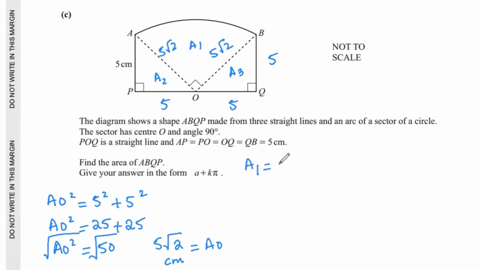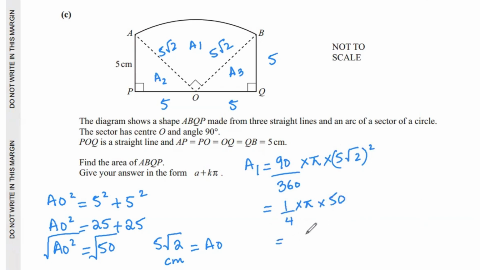A1 is 90 over 360 times pi times 5 root 2 squared. So this is 1 over 4 times pi, and 5 root 2 squared is basically 50. So 50 divided by 4 is 25 over 2 pi.